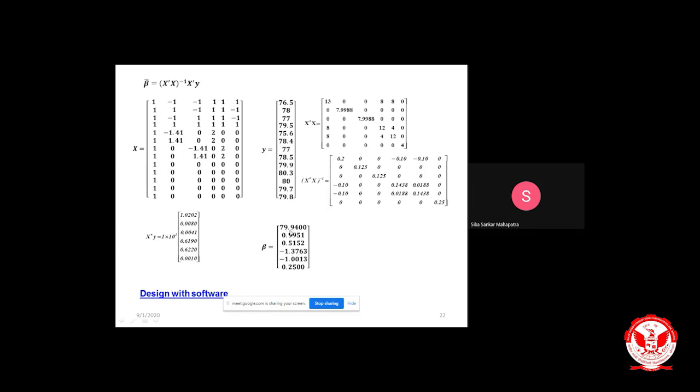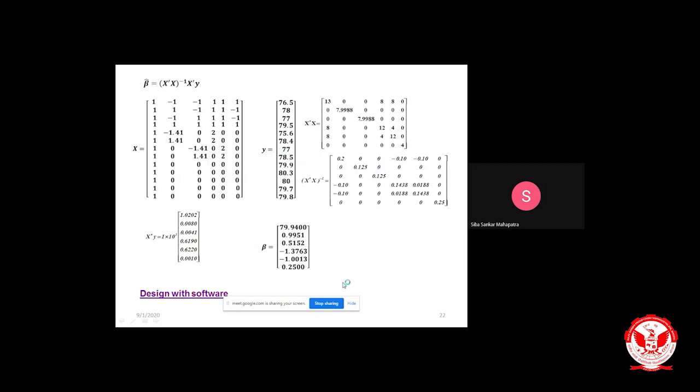So 79.94 plus 0.9951 x1 plus 0.5152 x2 minus 1.3763 x1 x2, then minus 1.01 x1 square, 0.25 x2 square. This is the model we got. We can use a software for doing that.